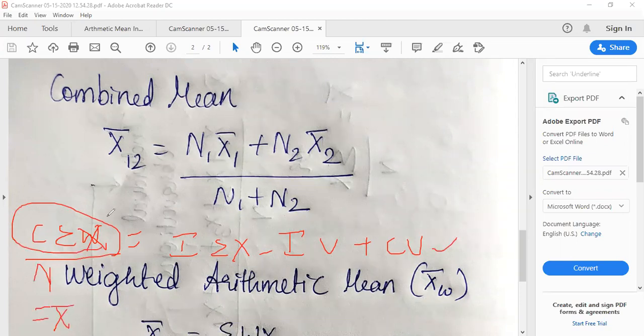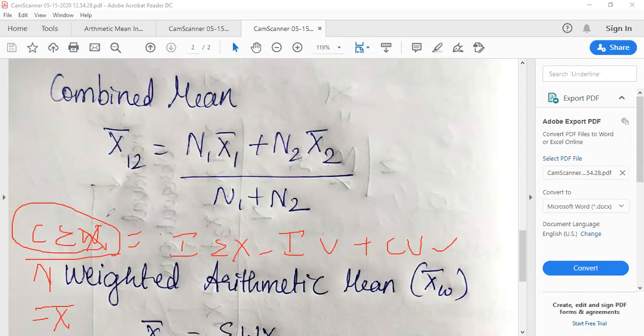So this is one concept. Another concept is missing frequencies, where you will have to assign an unknown x for the missing frequency. Then you will get simultaneous equations, and by solving them you find the frequency. Sometimes it is given in a continuous series, sometimes in a discrete series.